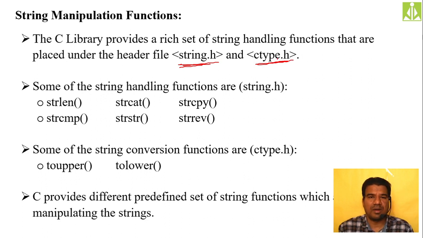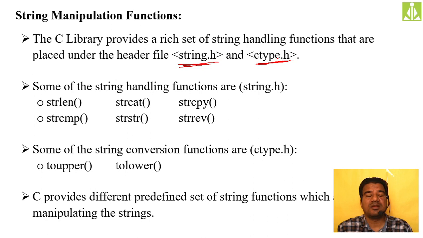Up to now, we discussed what a string is, how to declare a string, and how to define a string. Now we discuss how to manipulate a string. It is not a regular type of value. Your string is not like a numerical value or character value that can be manipulated with operators.